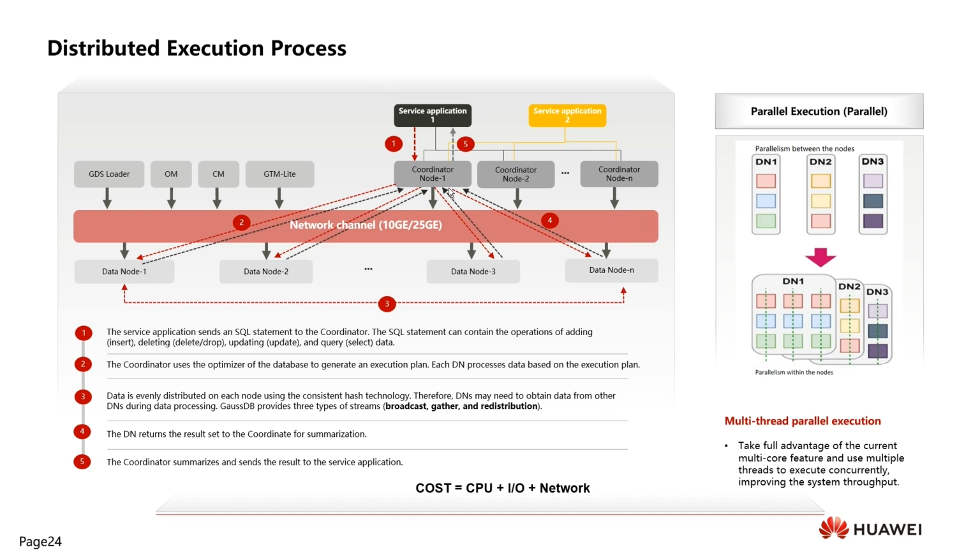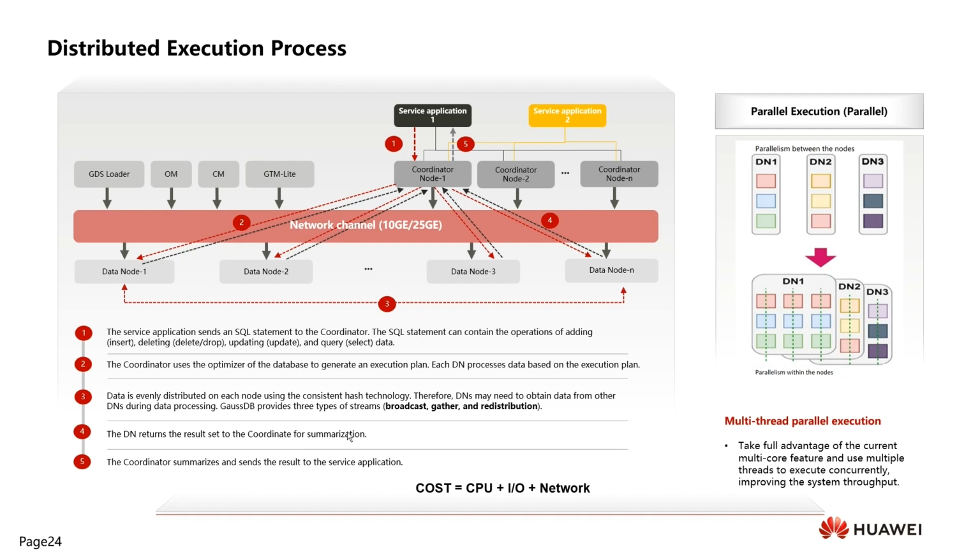The SQL statement can contain insert, delete, update, or select operations on the data. Next, the coordinator node uses the optimizer to generate an execution plan. From this point on, we will call the coordinator node CN and the data node DN as their shorthands.